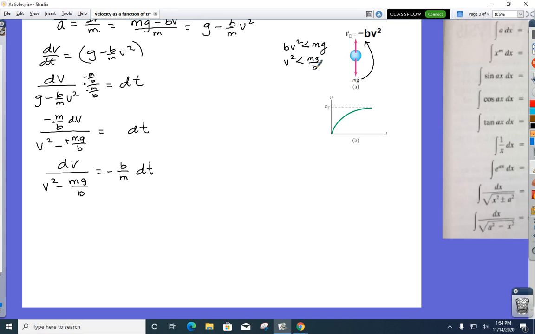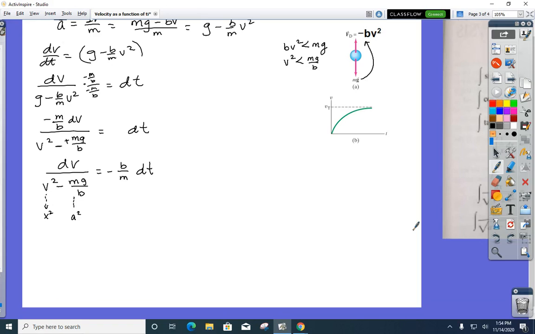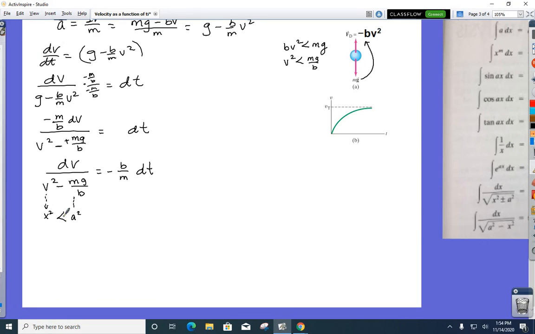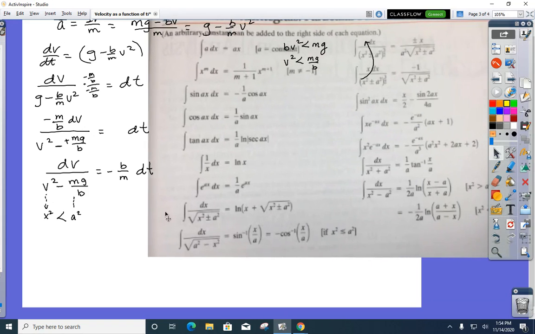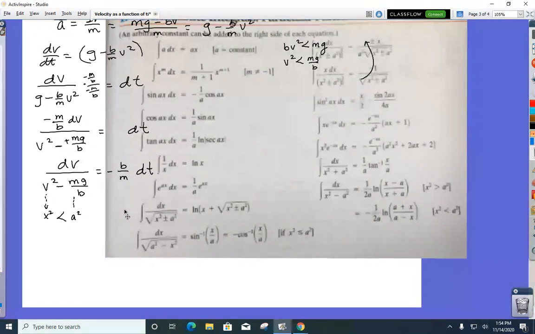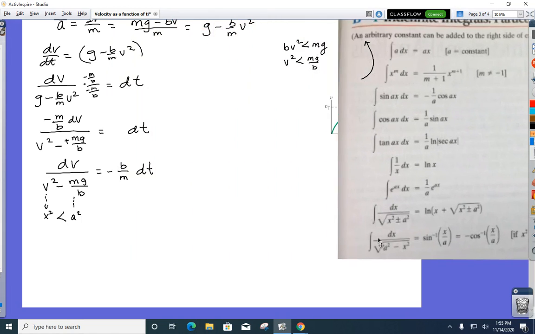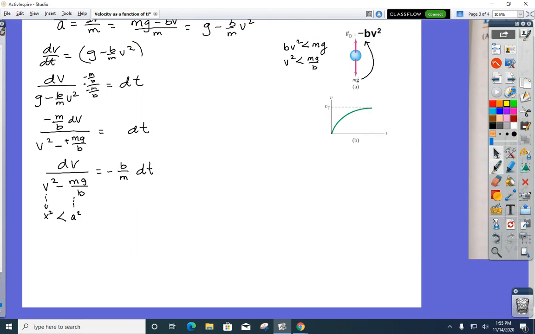And if I look at this, if this is my x squared term and this is my a squared term, what we're seeing is that it looks like we have x squared is less than a squared. Okay, yes, that looks right. So according to that, if x squared is less than a squared, it's the bottom one here. So it's negative 1 over 2a natural log of a plus x over a minus x. So there we go. Let's go ahead and use that.